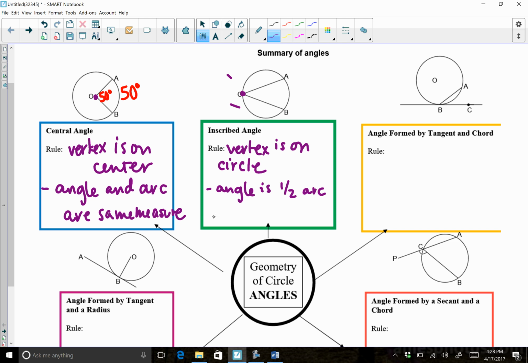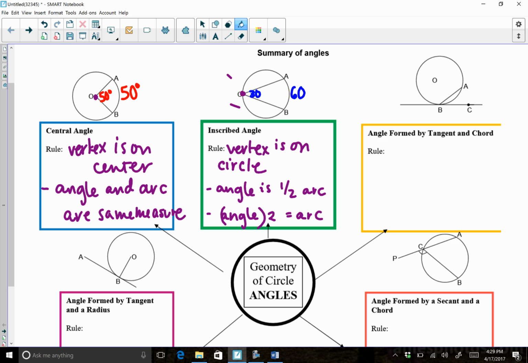Or you can think of it this way: if I took the angle and multiplied it by 2, that would equal the arc. For instance, if I know this angle is 30, I could double its value to get the arc to be 60. So you can see that this arc is 2 times bigger than that given angle.